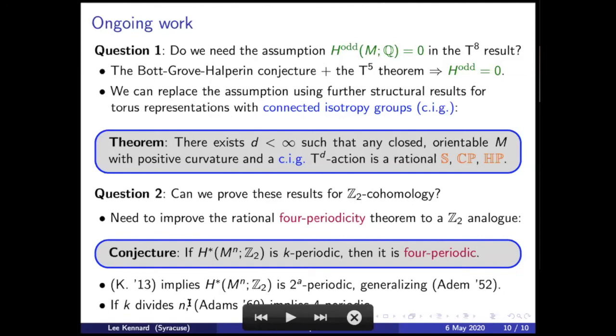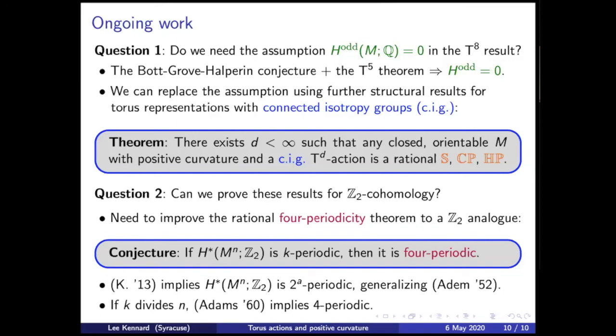A further piece of evidence is that if K, which is the period, divides the dimension, you can show that all of the groups that are not divisible by K vanish. So H1, H2, H3 are 0 up until HK. But then you have a single generator in degree K, and powers of it generate the rest, just like CPN and HPN, except now K can be anything.